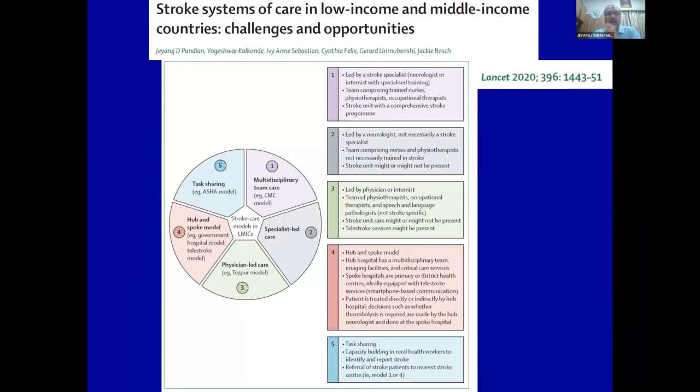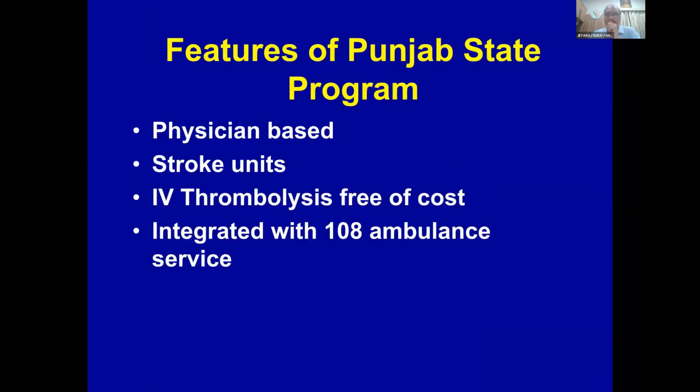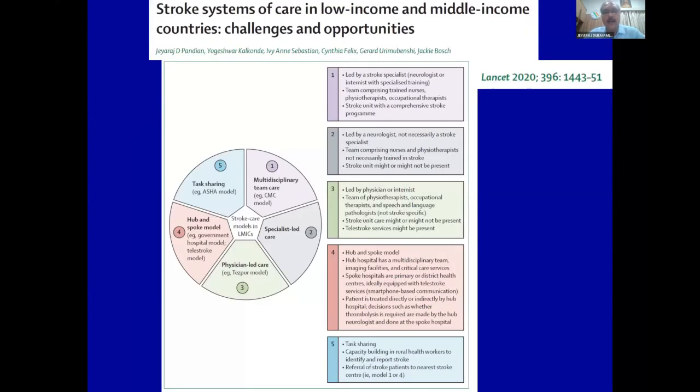If you look at the various models, this is one review that we published recently last year, which summarizes all the models available in different LMICs. One is the typical specialist-led care, the physician-led care, in government hospitals and in private, the task sharing model, the ASHA model that we had developed, and the multidisciplinary team. So there are models available, and people can look at them and adapt whatever is feasible in their own country.